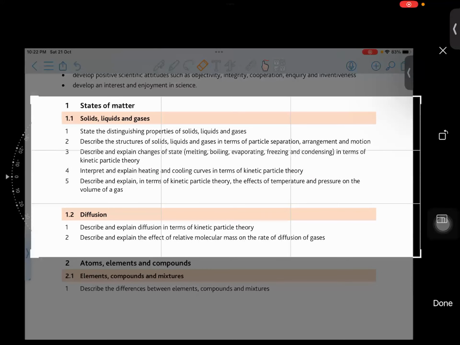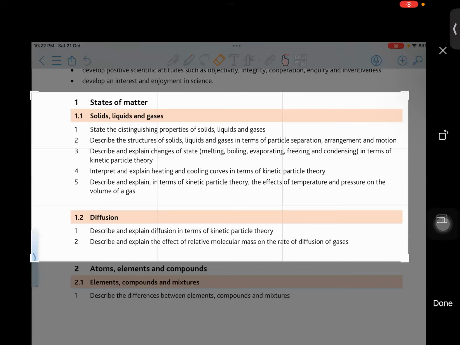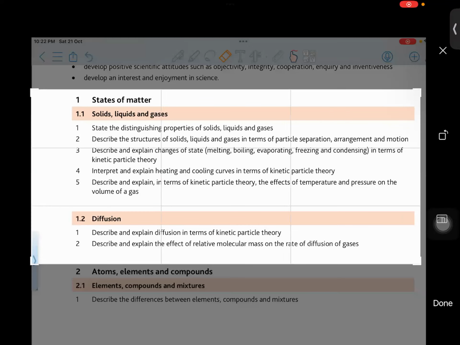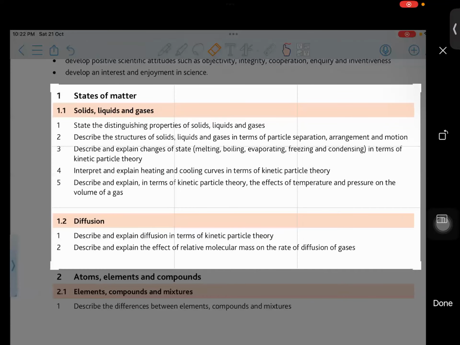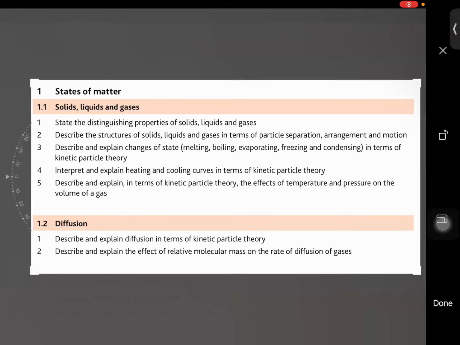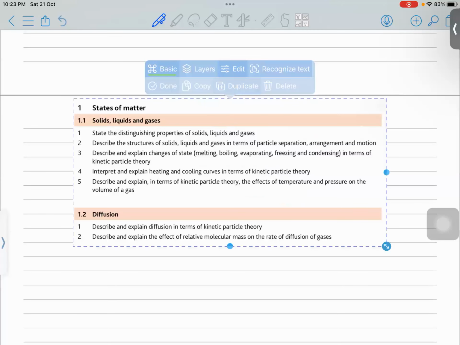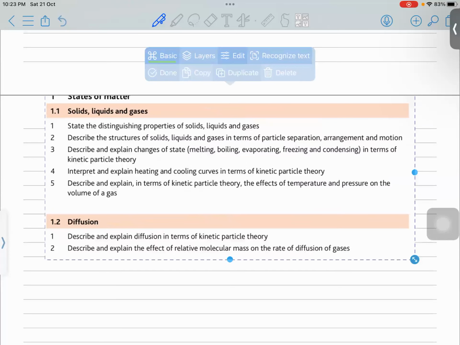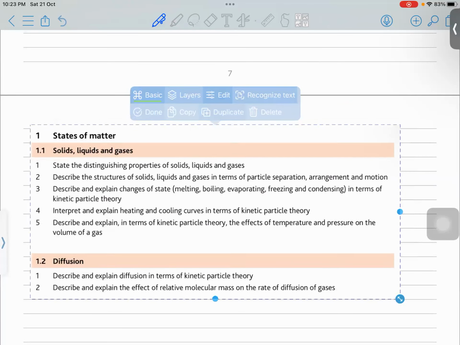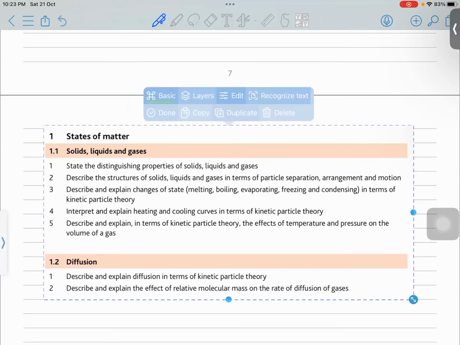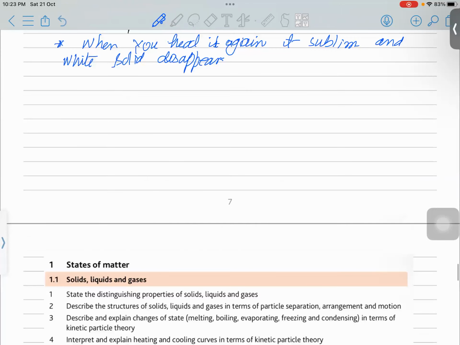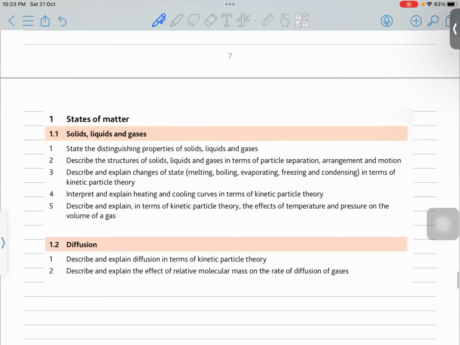Now be ready for the test of this chapter. Whenever I take your class, I will take the test of this chapter. This is the syllabus of the states of matter.